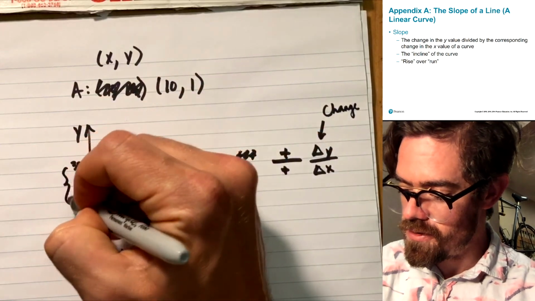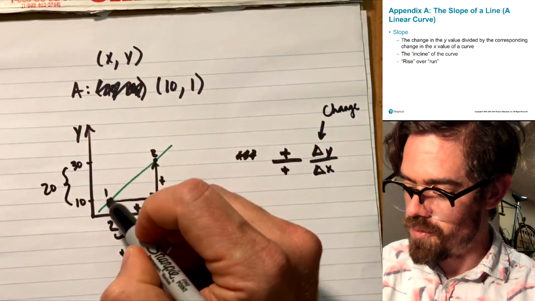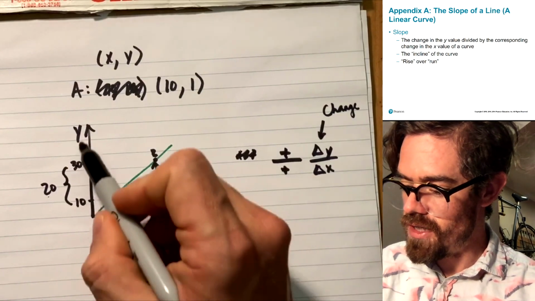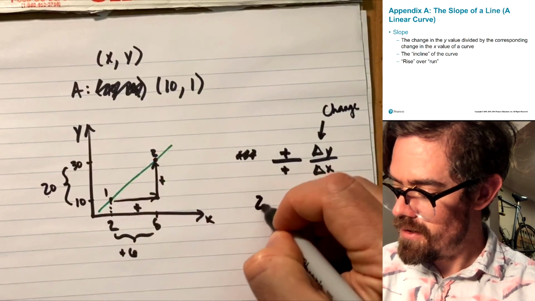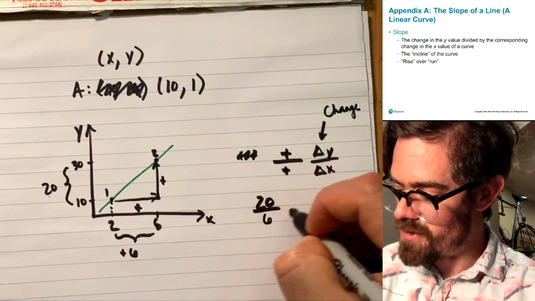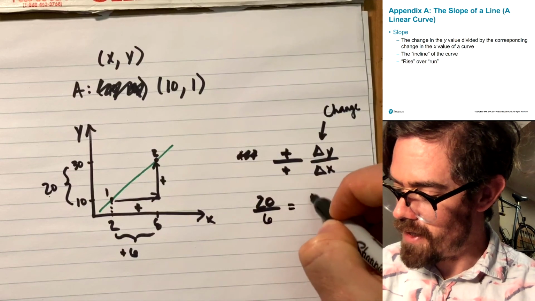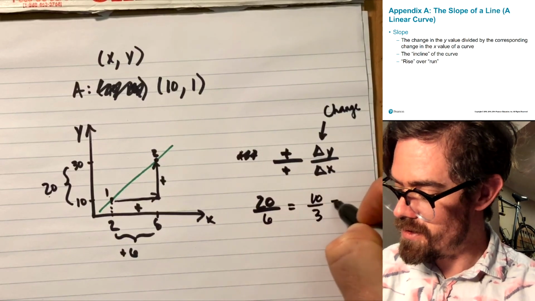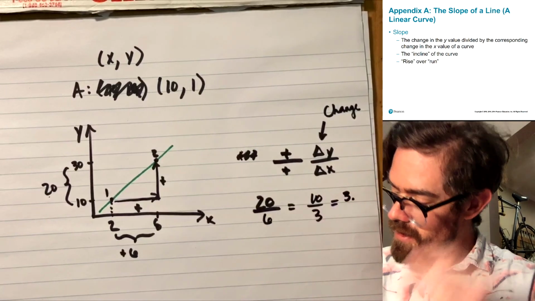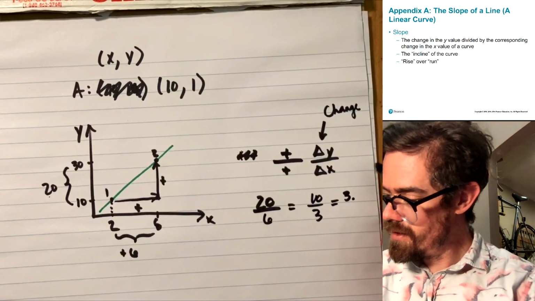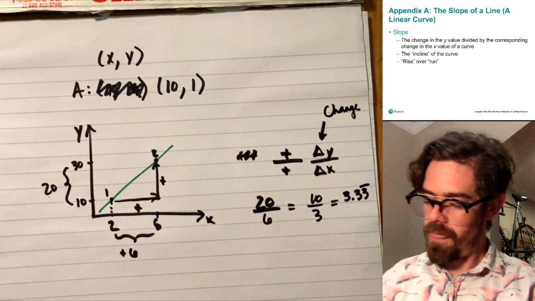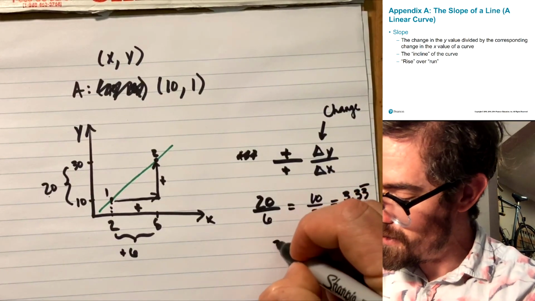So the change is positive 20. Then we have 20, the change in the y-axis, divided by the change in the x-axis, which is positive 6. So we've got 10 divided by 3, which is roughly 3 point, what would that be? 3 repeating, yes, or 3 1/3.